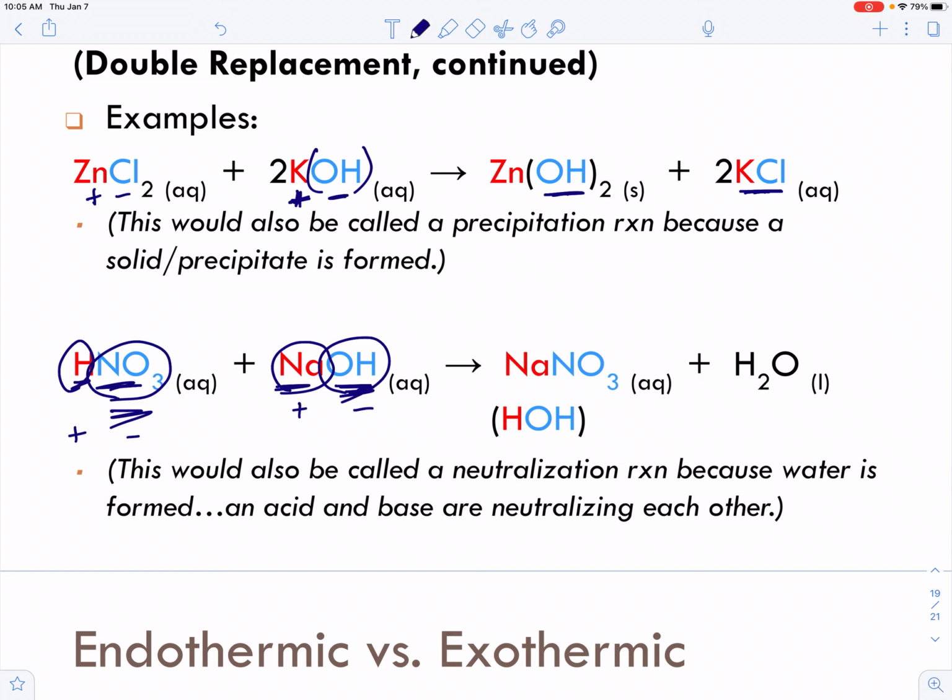And all that has happened is our cations and anions have switched partners. So NaNO3, so Na is now paired with NO3, and our H and our OH are now together. And if you're looking at HOH, what's cool is it's 2 hydrogen and 1 oxygen, so it is actually H2O. And then we'll practice more of this in class.